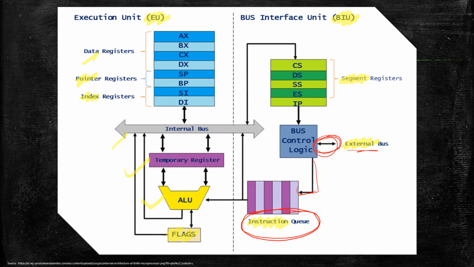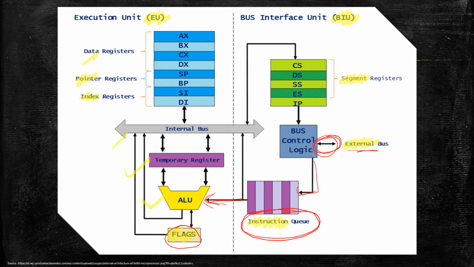Now the instruction will go to the ALU, depending on the actual demand of the instruction. First the instruction will go to the ALU. Depending on the execution, depending on the operation, it will set the flag.